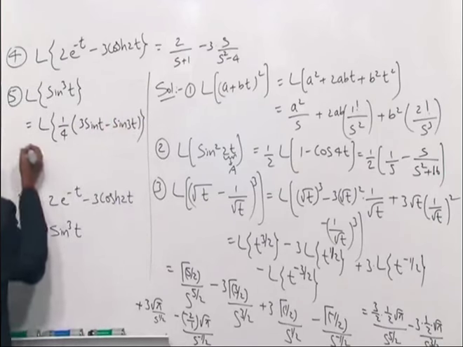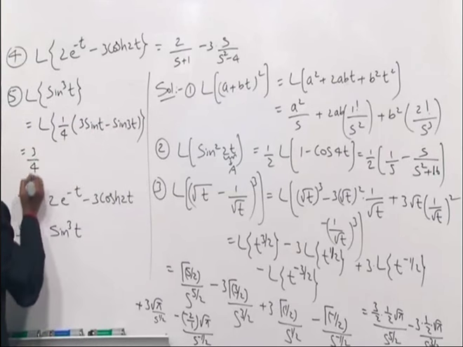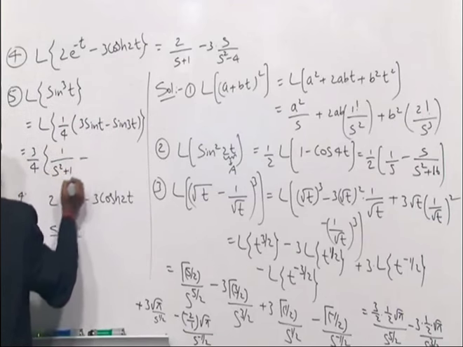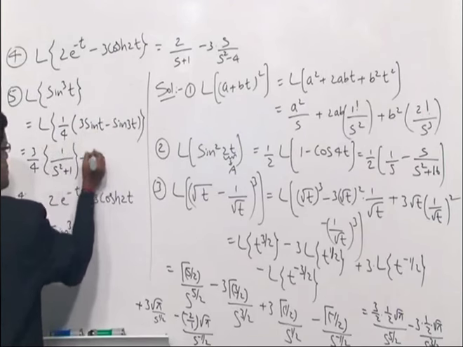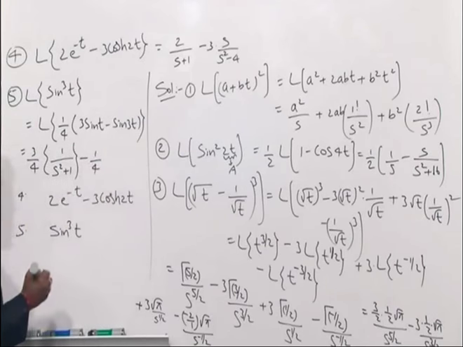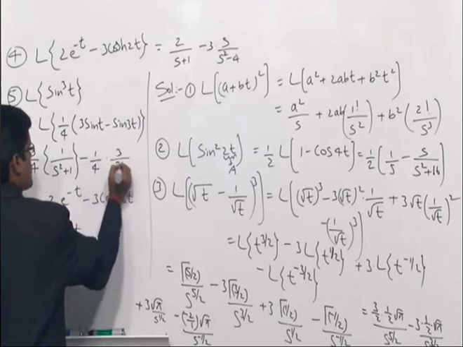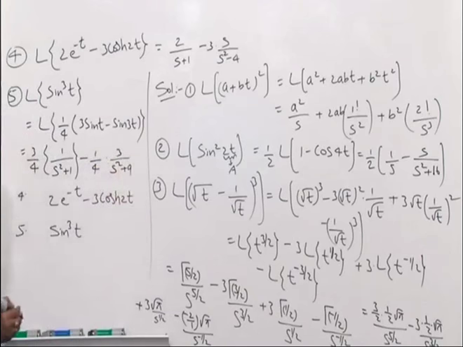So keep the constant outside and take the Laplace for the other terms. L of sin t, a is equal to 1, is 1 over s square plus a square, minus the other constant for the second term, 1 over 4, L of sin 3t, a is equal to 3, is 3 over s square plus 9. This is the answer.